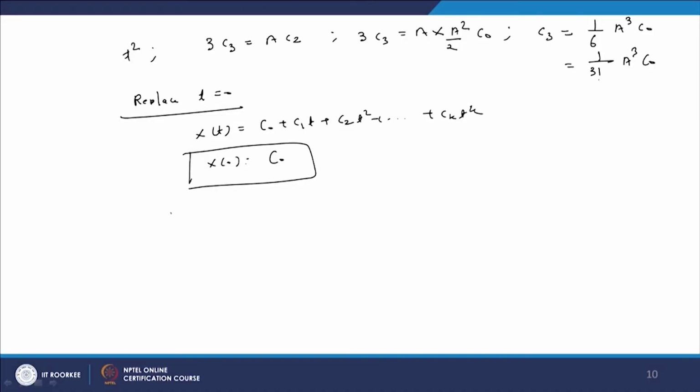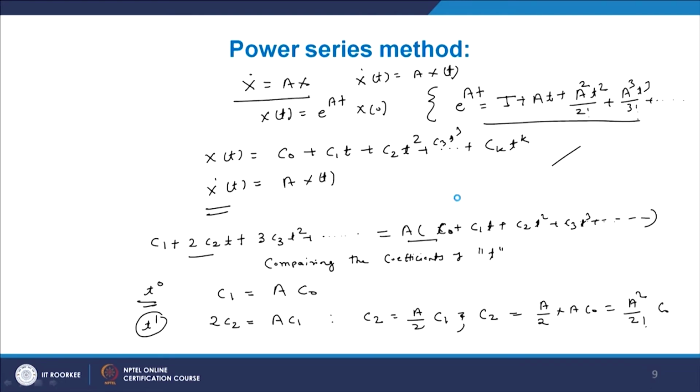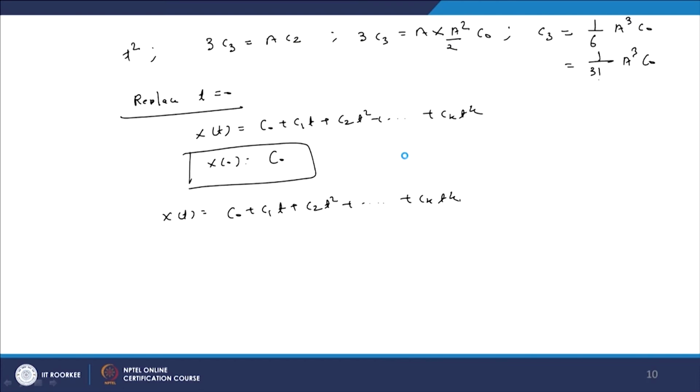Now, we replace all these elements in the given equations and see what results we will get. That is x of t equal to C0 plus C1 t plus C2 t square up to Ck into t to the k. We have got all values, and now we try to replace.